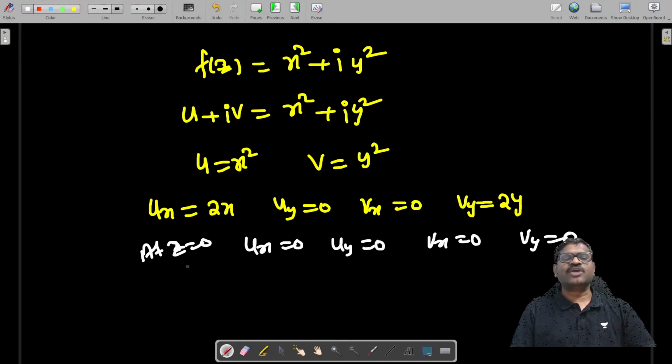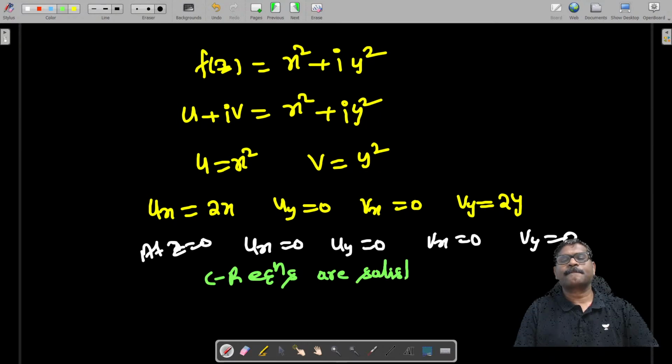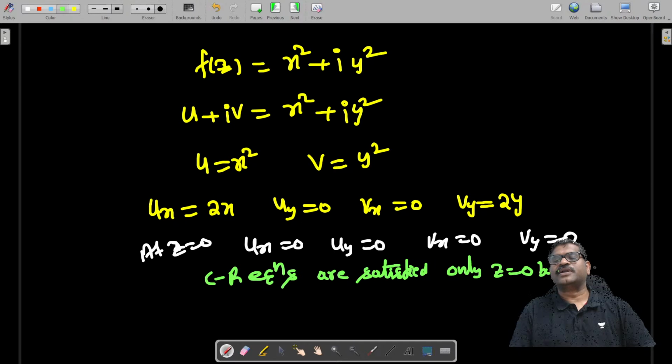See, at z equal to 0, the CR equations are satisfied, but not in its neighborhood.